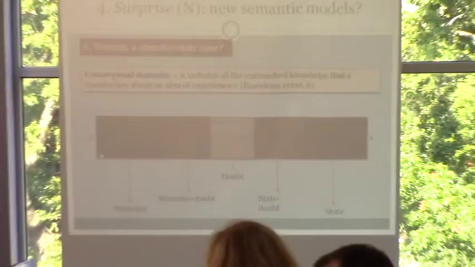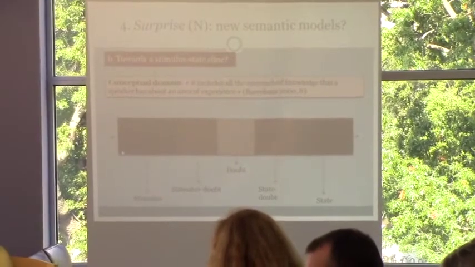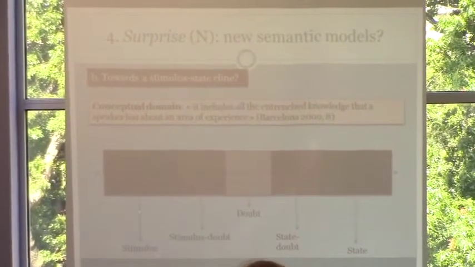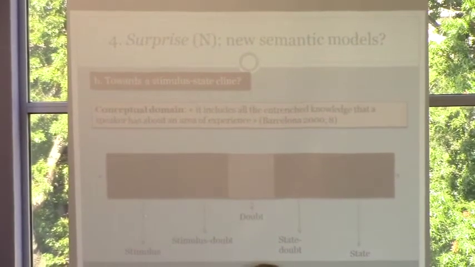Now, we posit the existence of a cline between the stimulus prototypical meaning and its stative extension. It seems possible to account for the ambiguous meaning of surprise as a noun on the basis of the structure of its network, since the definition of the conceptual domain itself is ambiguous.